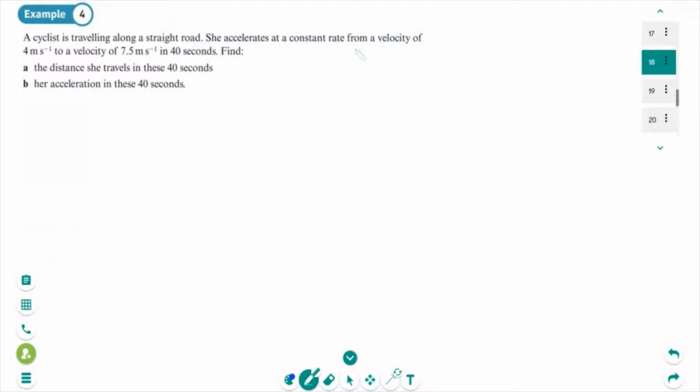That sounds like the initial velocity, so u equals 4, the starting velocity, to a velocity of 7.5, that's the final velocity. Time taken, t is 40. Find the distance she travels in these 40 seconds.